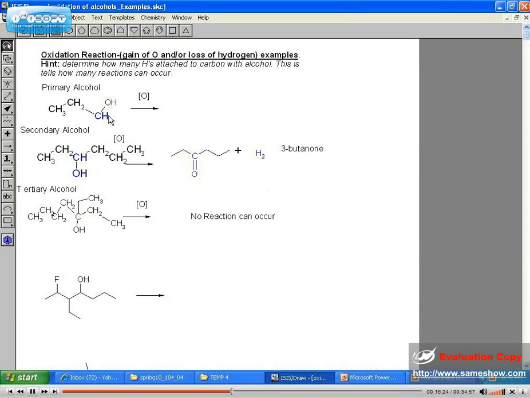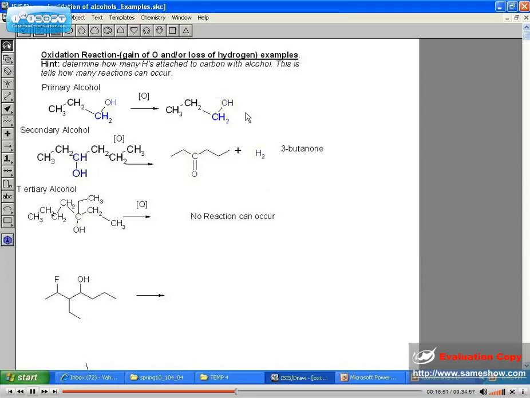Let's go over here. I'm going to have one hydrogen come off on the primary alcohol, on the carbon which the alcohol is bonded to. So this is a primary alcohol, one hydrogen coming off. Here I'll have one hydrogen coming off, and I'll go ahead and form an aldehyde. So let me go ahead and copy this one over just so you can see what's happening.